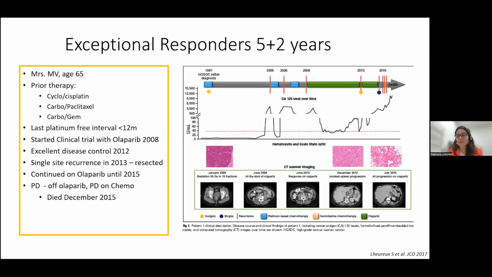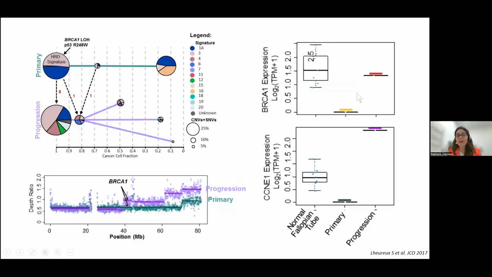And that is just an example that we have seen in our patient. As you can see here, with our patient, we have the archival tissue. Then the patient unfortunately relapsed several times and then got a prolonged benefit from the PARP inhibitor treatment. We were able to obtain tissue at the time of PARP progression. By whole exome sequencing and RNA sequencing, we saw that the initial tumor, which was PARP naive, did not express BRCA, which was not related to a BRCA mutation.